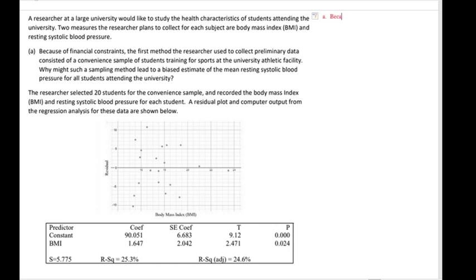So, because the convenient sample took students training for sports, it is likely that they will be more physically active than the student population at large.